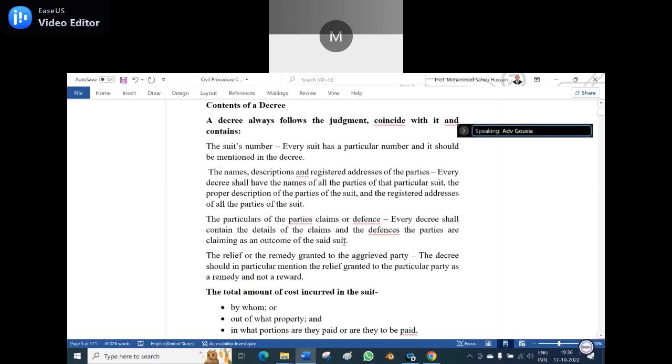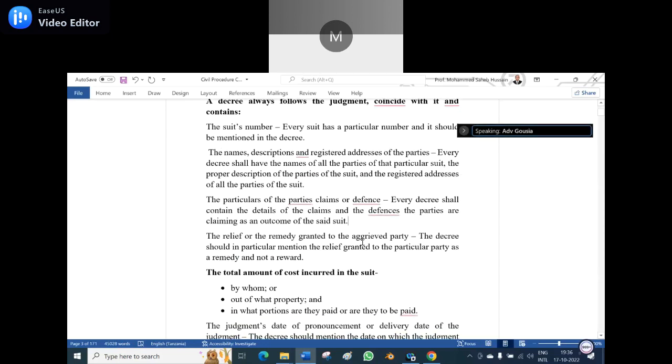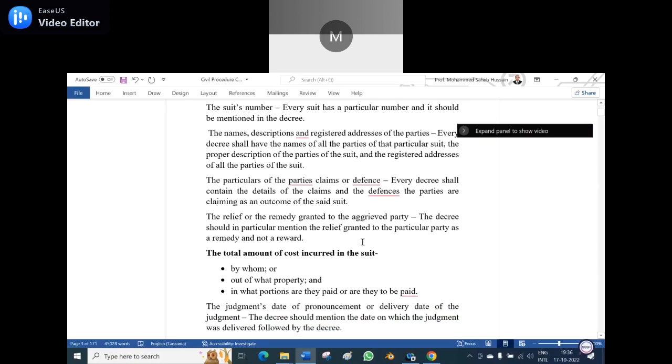The particulars of the party claims or defenses. What claim they want, the defenses the party is claiming. Every decree shall contain the details of the claims and the defenses the parties are claiming as an outcome of this said suit. Means your plea, your defense, the relief or the remedy granted to the aggrieved party.